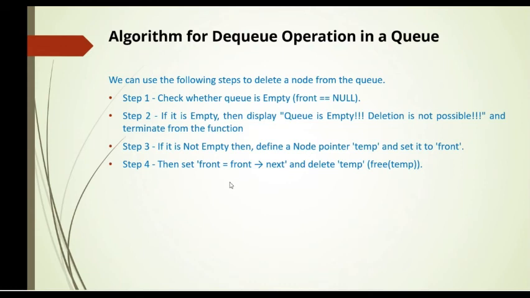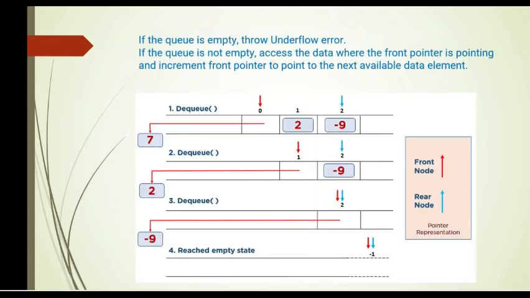Then we would point front to the next node and delete the temporary node. What it means is that we would link front to the next node and delete the temporary node. What it would do is that the first element of the queue would be deleted.